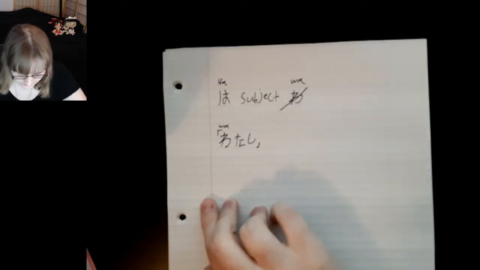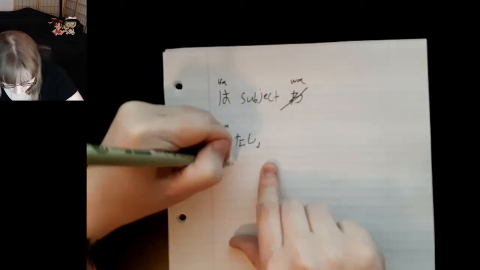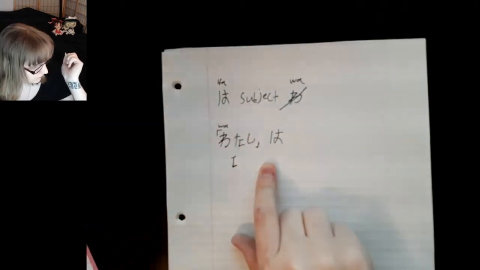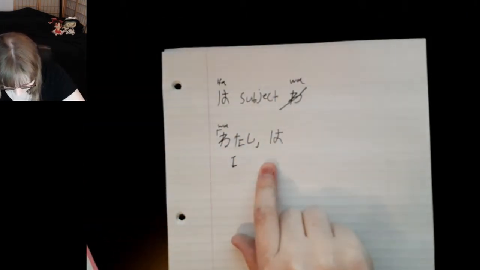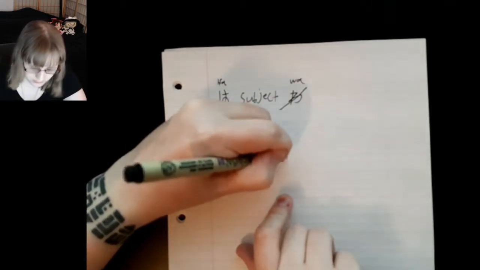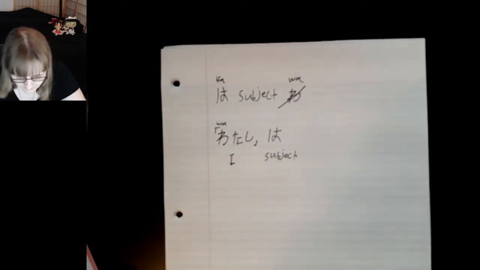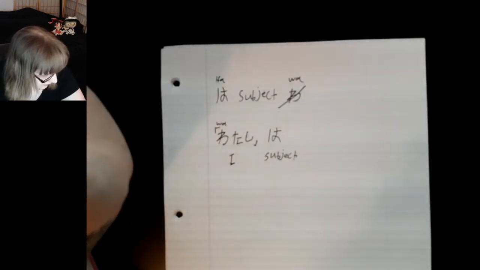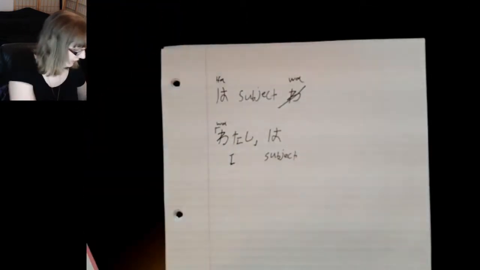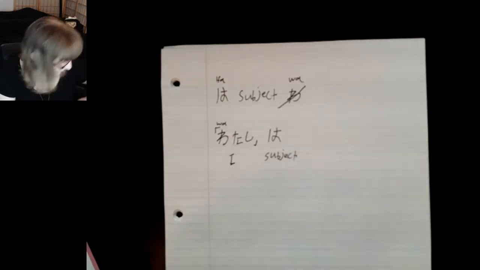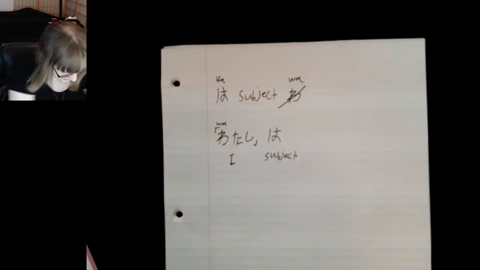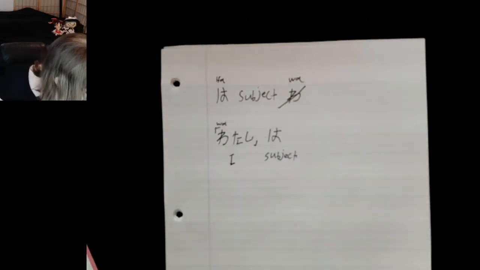So, watashi, I, wa, subject. Now this is where we can start making complex things. I'll start getting into vocabulary with more words later, nouns, verbs, etc. But let's see what the guidebook actually says for how we want to do this.